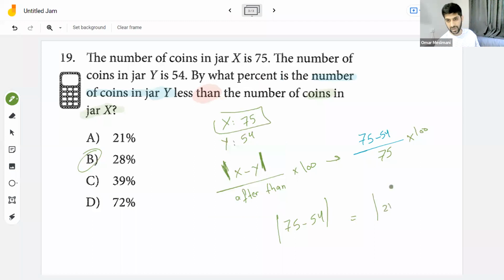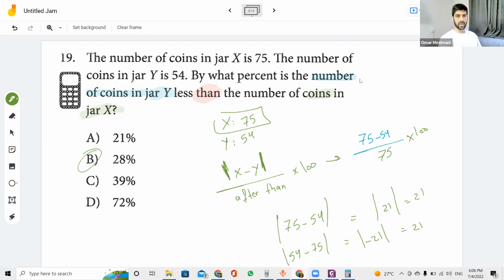So I have a 21 in absolute value. But if you did 54 minus 75, you will get minus 21 in absolute value, which at the end, you have a 21. Both of them, if you did x minus y or y minus x in absolute value, you will get exactly the same answer. So there is no difference.